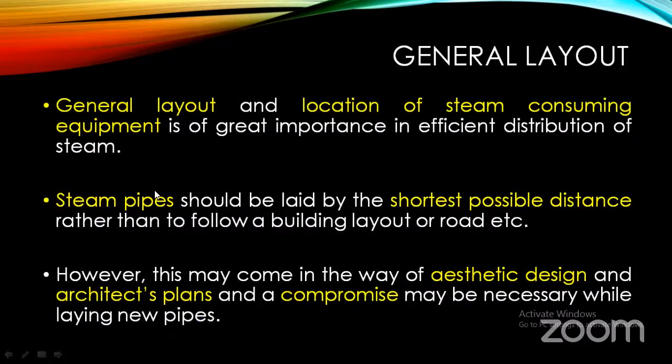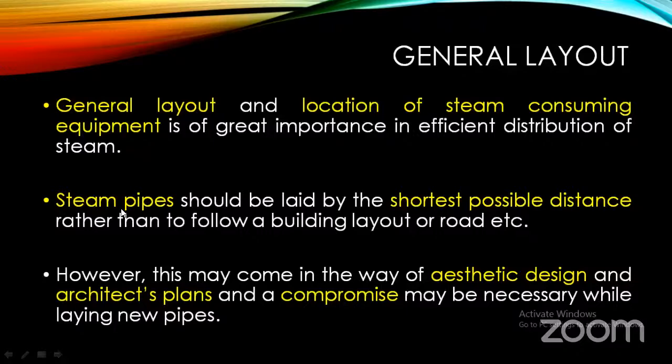So this is the general layout of the system. To have a good layout and location of the steam consuming equipment is of great importance in the efficient distribution of steam. Why we have to take care of this layout is that wherever the shortest possible distance is there, the frictional loss will be minimum.